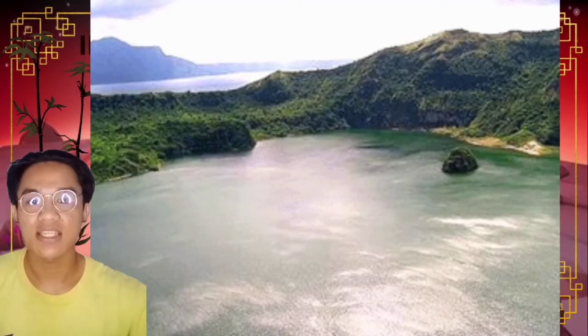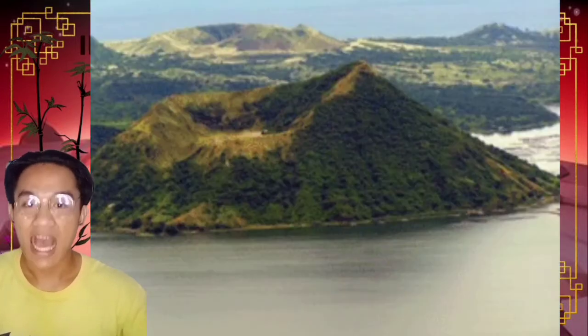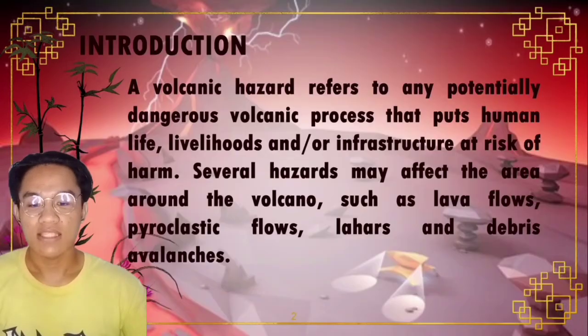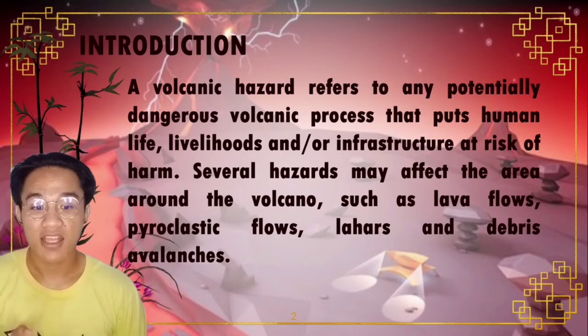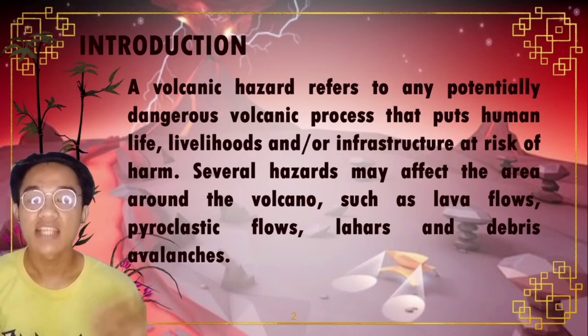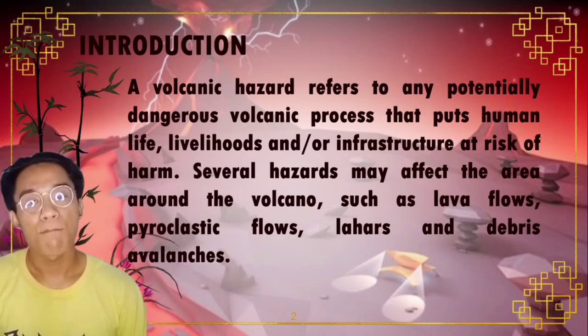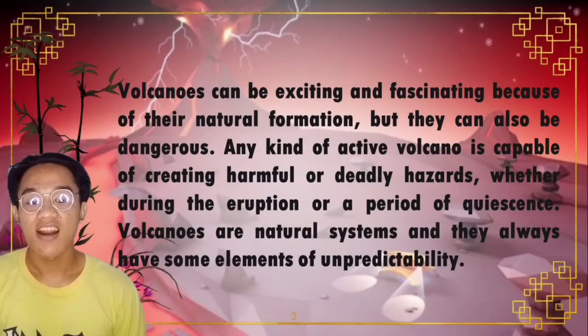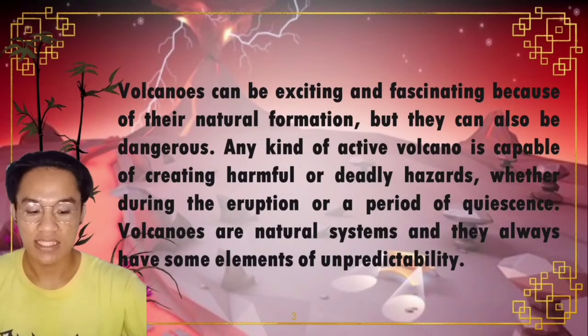An example of that is the Taal volcano here in the Philippines. There are families living around Taal Lake, which is the crater of the Taal volcano. Several hazards may affect the area around the volcano, such as lava flows, pyroclastic flows, lahars, and debris avalanches.